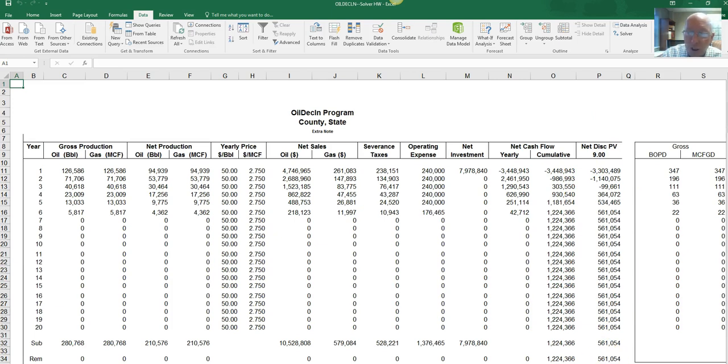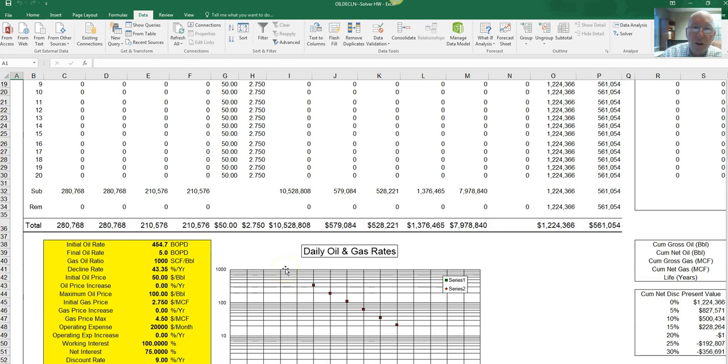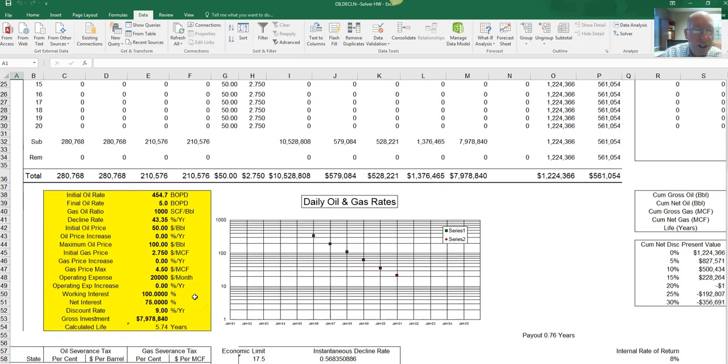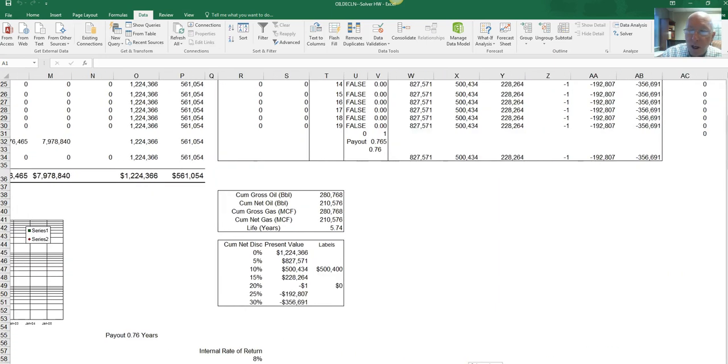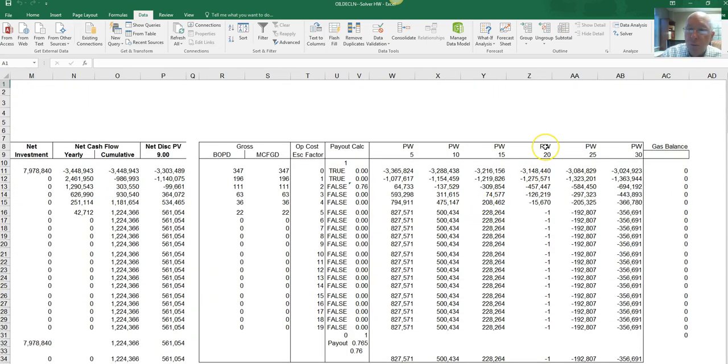And the reason it's 9% is that's how a lot of banks require you to run the number. They want to see the number run for a 9% present value rate. But a lot of companies use 20%, but not all. They could say 15, they could say 25. So I want you to know why I set that variable to be the one that's 0.